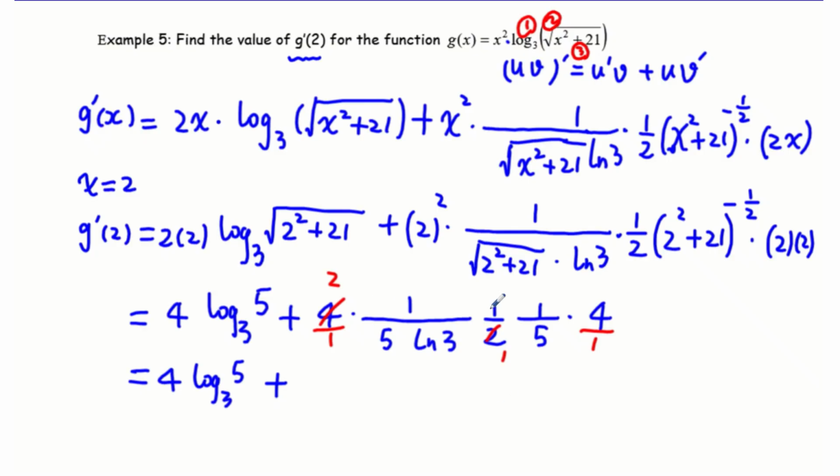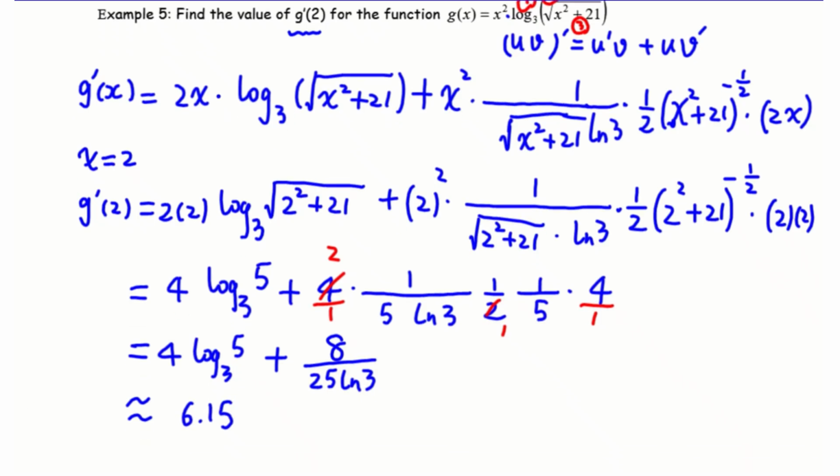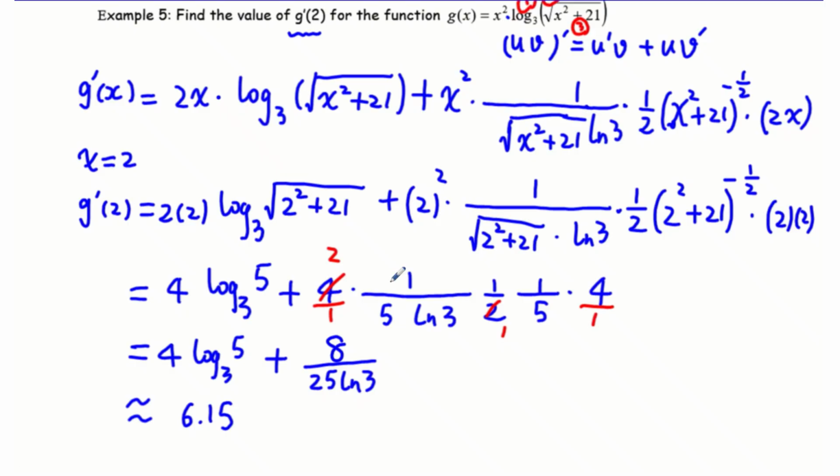Then all the numerators multiplied together is 8, and all the denominators multiplied together is 25. Then use your calculator, and you will find it is roughly 6.15. So that is the answer for this question.